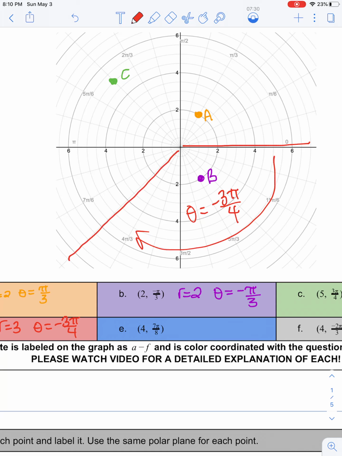That's the same radial line as 5 pi over 4. Because my radius is 3, I can plot point D. Oops, nope, that's at 4. Point D is actually here, 3 units away from the origin.